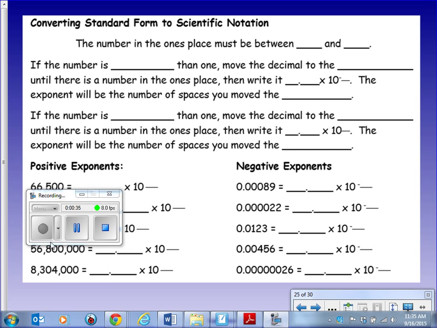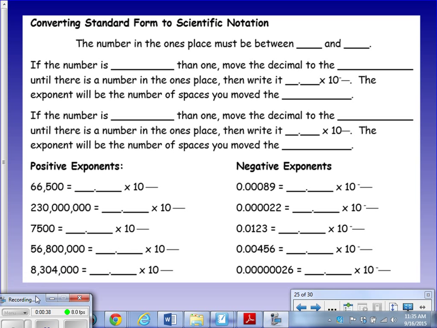Okay, we're going to start by filling out your notes. So, first, the number in the ones place must be between 1 and 9. So go ahead and fill that out in your notes.